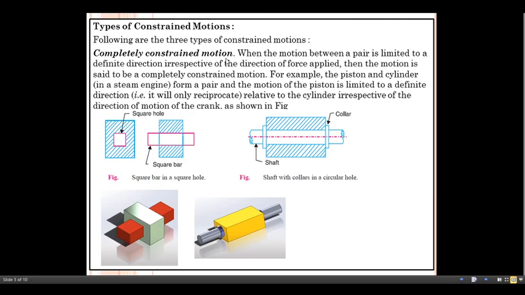First one, completely constrained motion. Now see the explanation of this completely constrained motion in front of you. When the motion between a pair is limited to a definite direction irrespective of the direction of force applied, then the motion is said to be completely constrained motion.